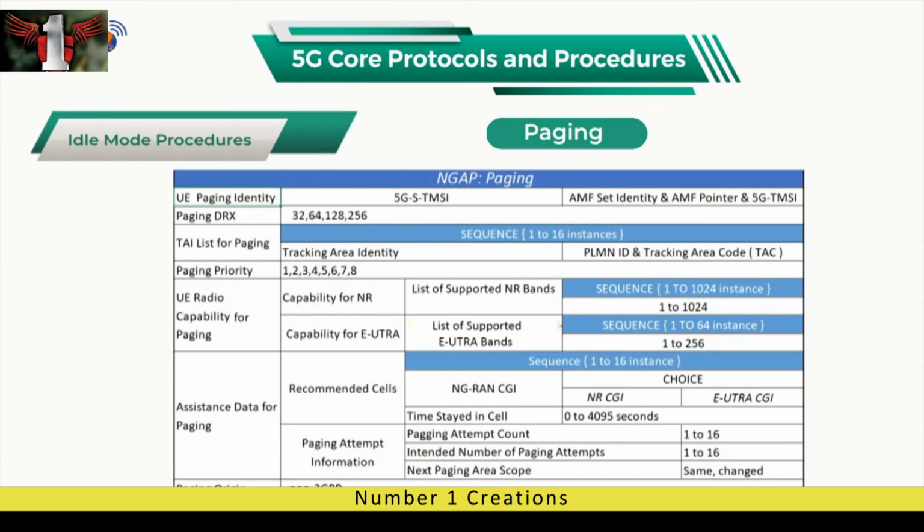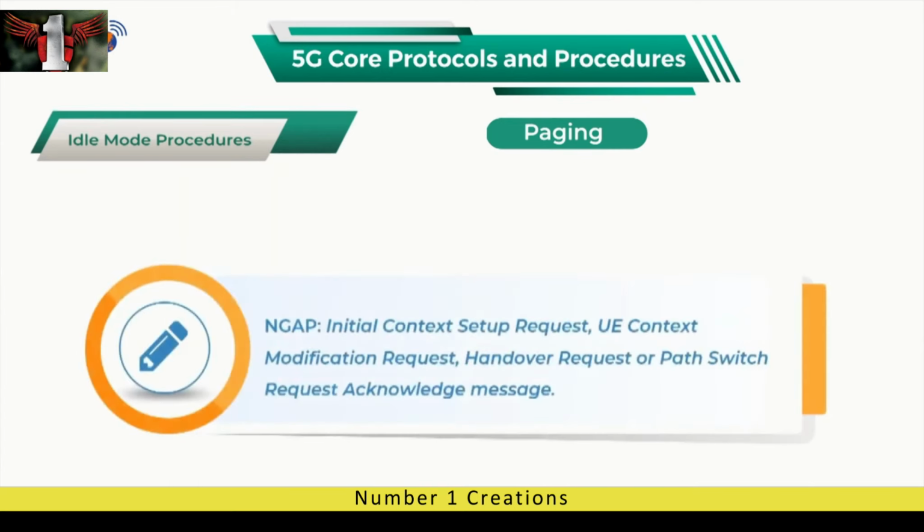The AMF can also use the core network assistance information parameter structure to provide the base station with information regarding a UE-specific DRX cycle. This parameter structure can be included within an NGAP initial context setup request, UE context modification request, handover request, or path switch request acknowledge message.